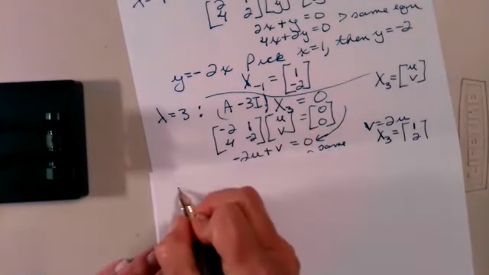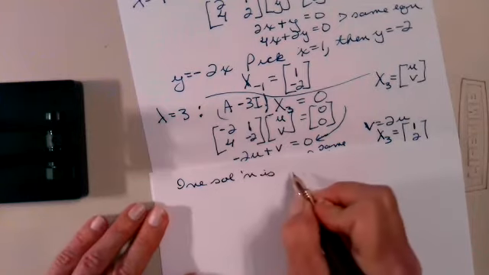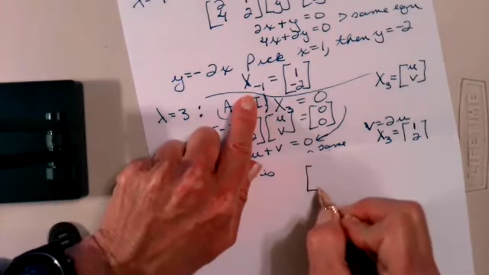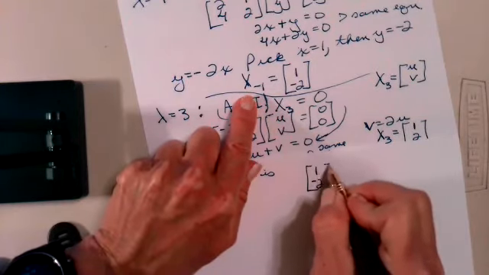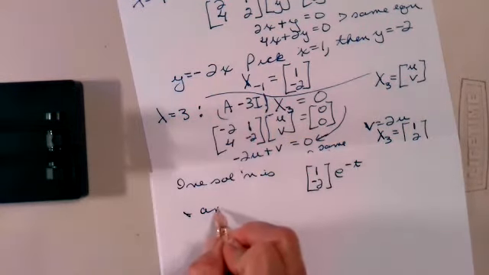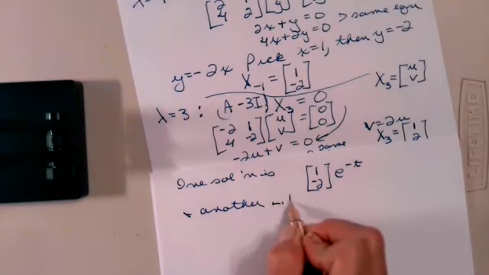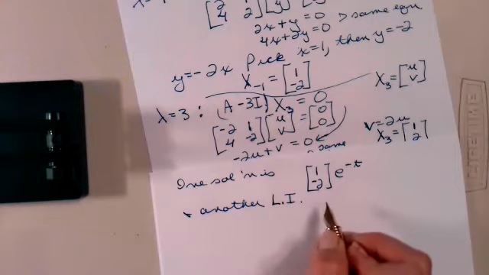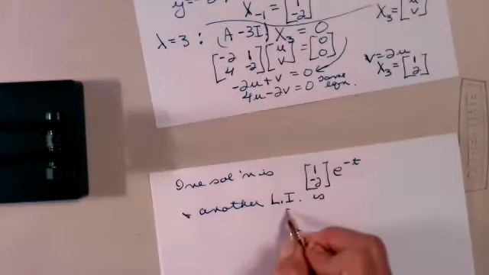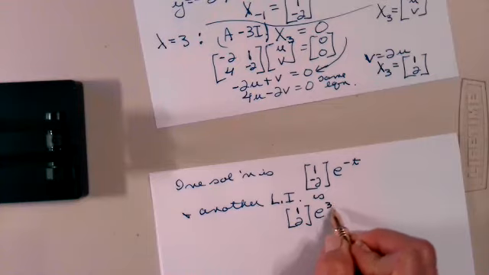So one solution is the eigenvector corresponding to minus 1 times e to the minus t. And another linearly independent one, we'll check that, is 1, 2 times e to the 3t.